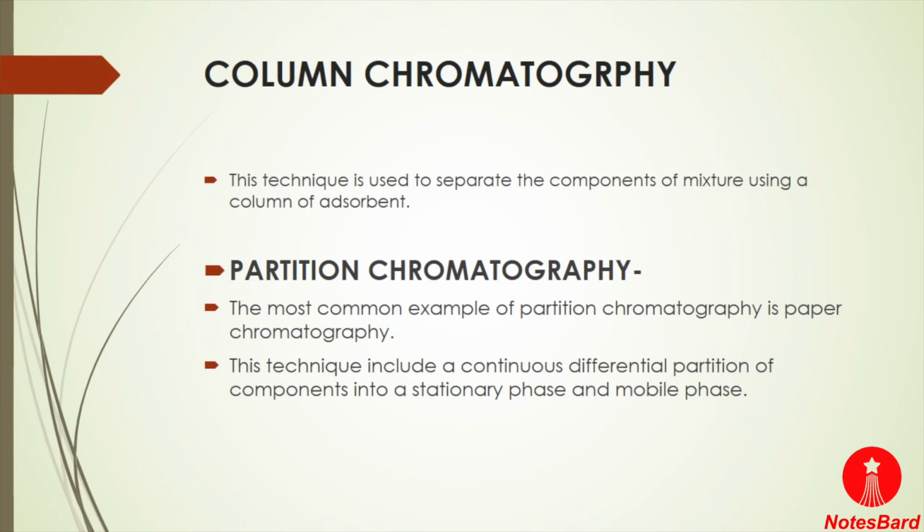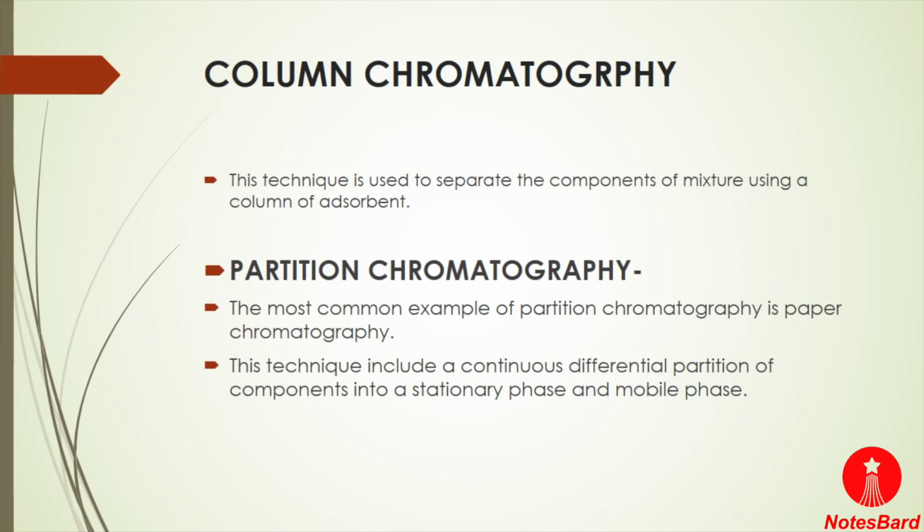Now the fourth method is partition chromatography, and the most common example of this chromatography is paper chromatography. This method also includes two phases named stationary phase and mobile phase. In this method a chromatography paper is used as the stationary phase and a mixture of solvents is used as the mobile phase.